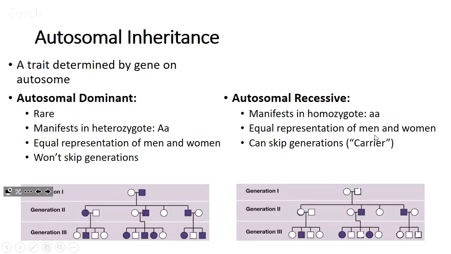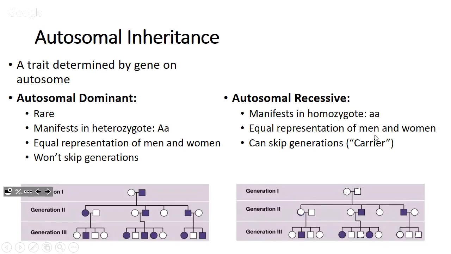We'll talk about X-linked inheritance in a moment, but autosomal dominant conditions are generally rare. We talked about how they manifest in the heterozygote, and there are equal representations of autosomal dominant and recessive traits within both men and women. There's no gender skewing. And of course, autosomal dominant won't skip generations where recessive can.